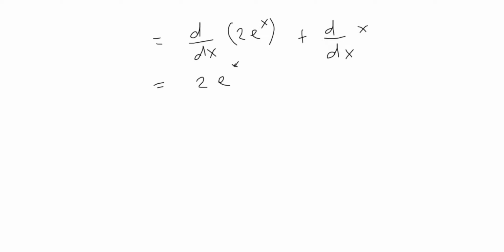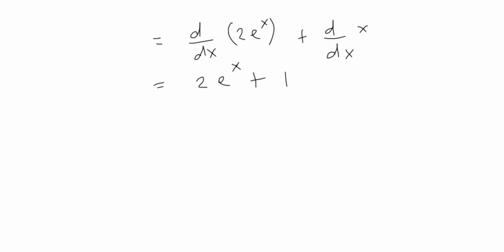Plus the derivative of x with respect to x, which is just 1. So there we go. This is the derivative of y with respect to x, the derivative of the given curve.